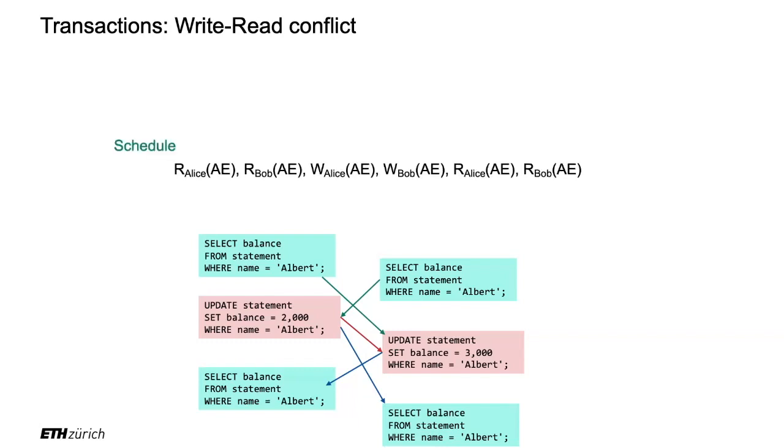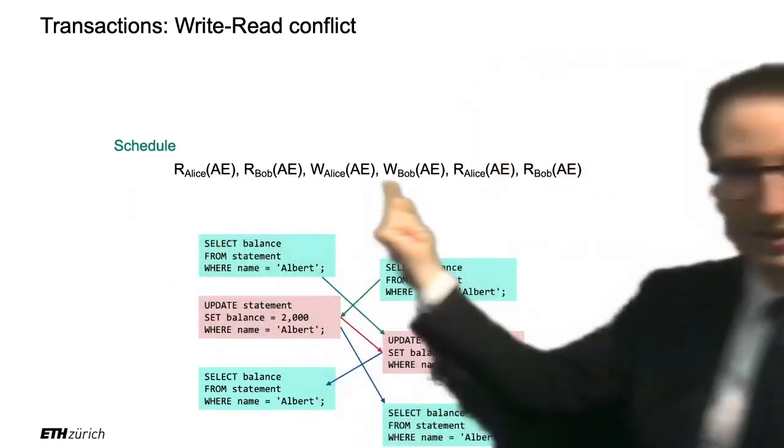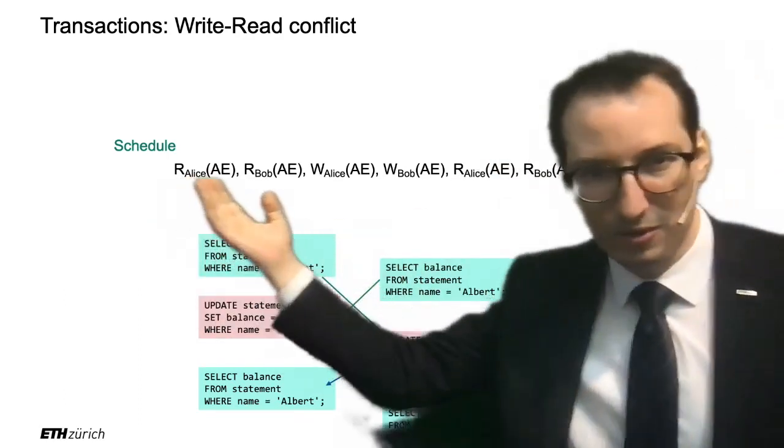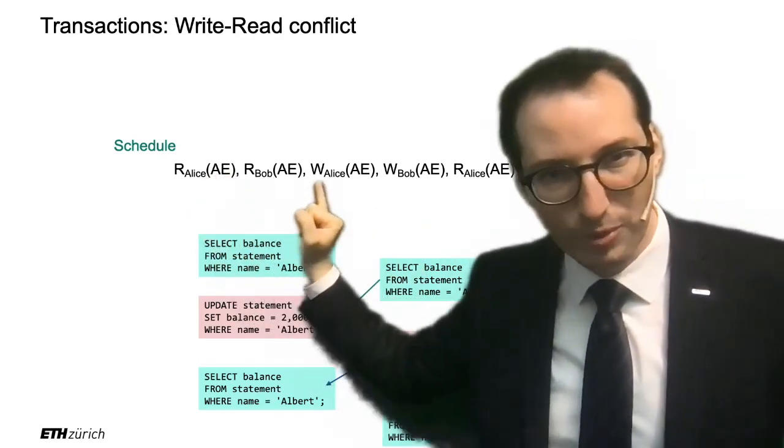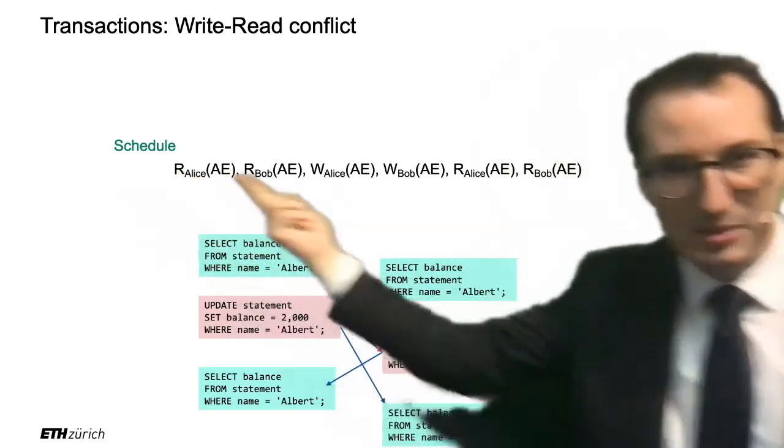Now, here's a more abstract way that we would write things down. Let me explain what that means. A lot of exercises actually are often given like that in textbooks. This here is a list of reads and writes. R means read, and W means write, okay? What is the order here?